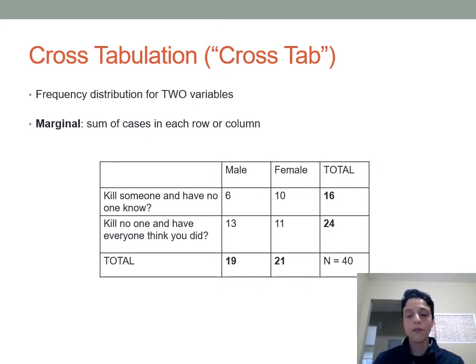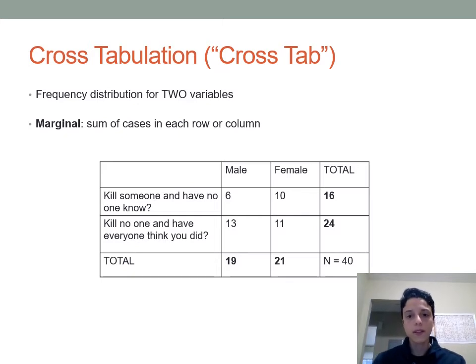Those are the only options. So 40 people responded to the question, and we can find that by adding up the responses to the only 2 options we have. Same thing looking at male and female. So those are the only 2 options that you could give. So if we have 19 males and 21 females in the class, we have 40 people total who responded to the survey.